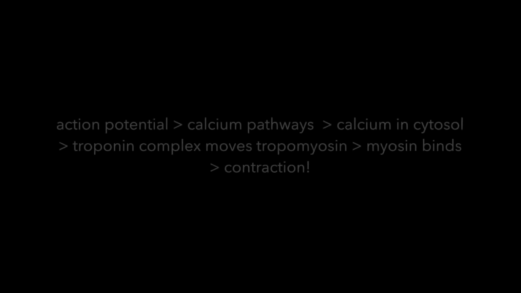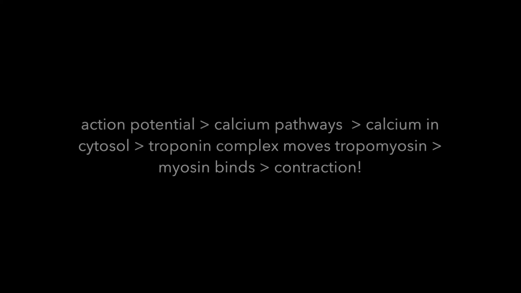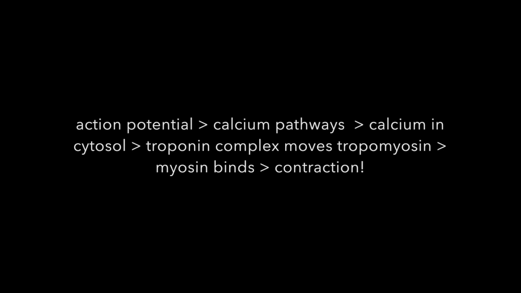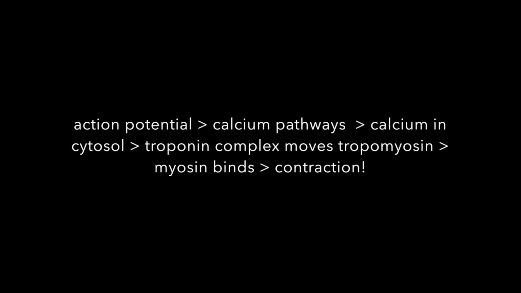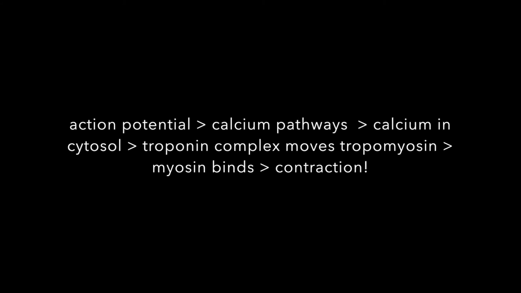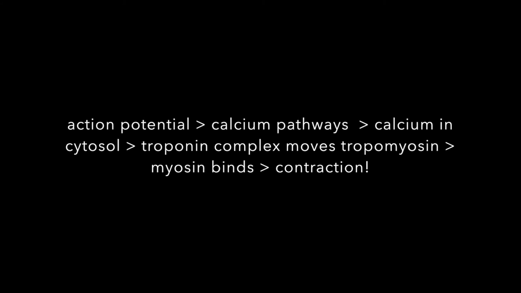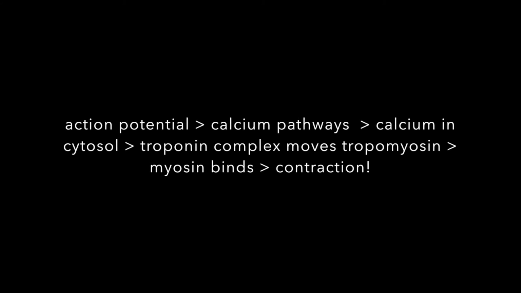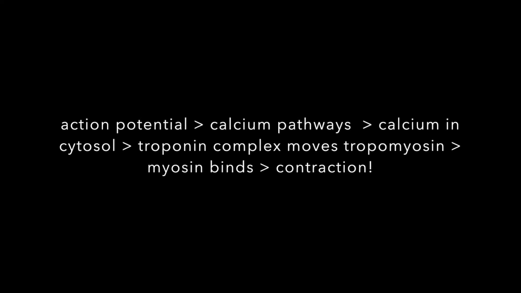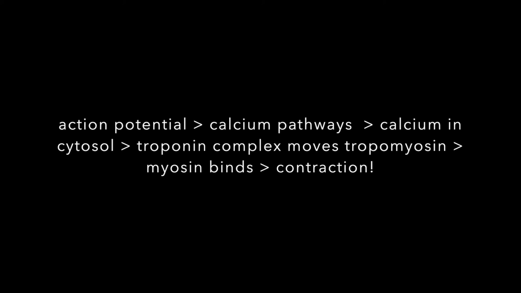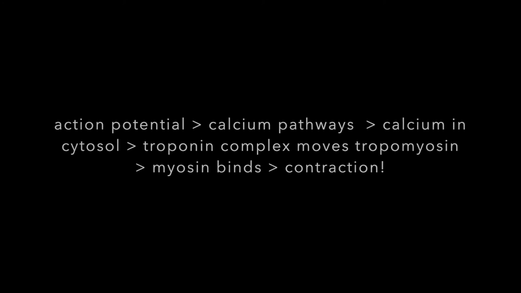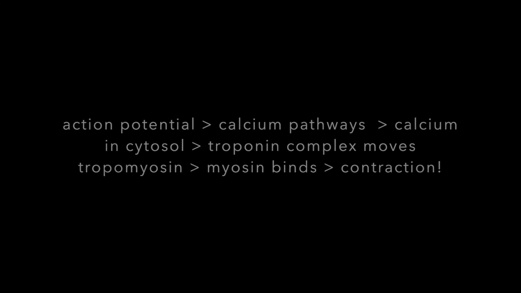The opening of calcium channels caused by this action potential means that calcium ions can now pass into the cytosol of the muscle cell. This results in what I discussed previously, in which the calcium ions bind to the troponin complex, and the troponin complex undergoes a conformational change and then moves tropomyosin away from the myosin binding sites and initiates contraction.